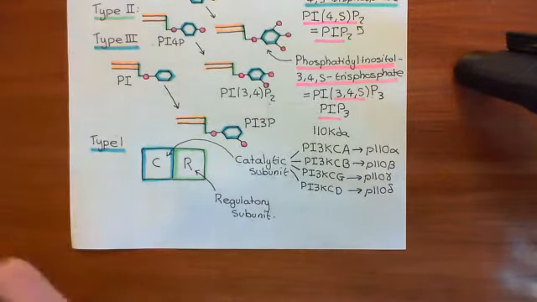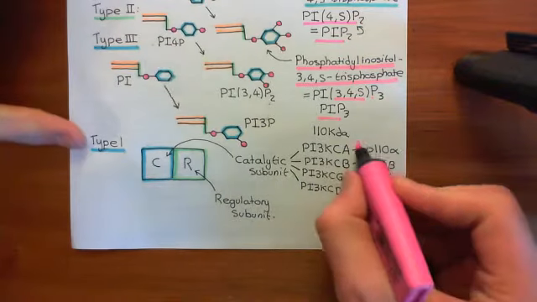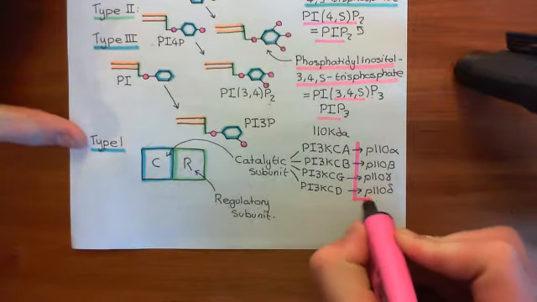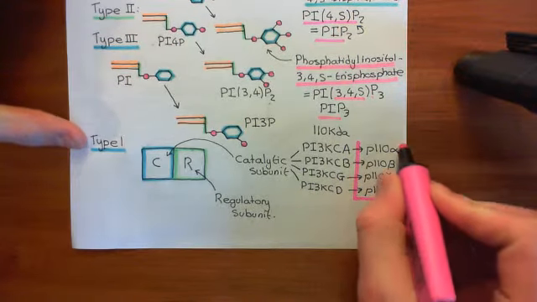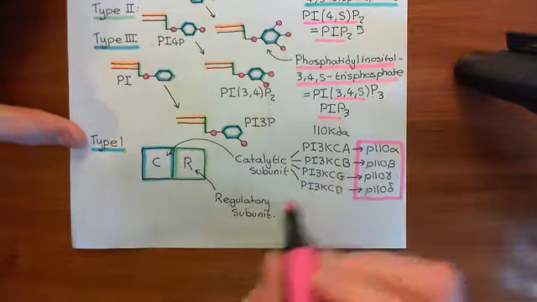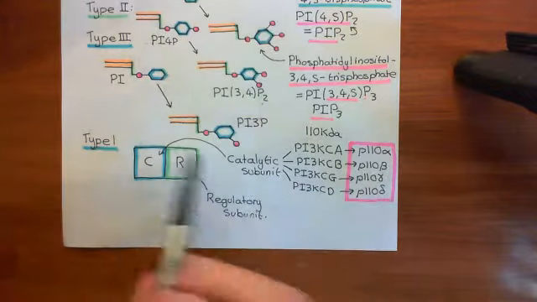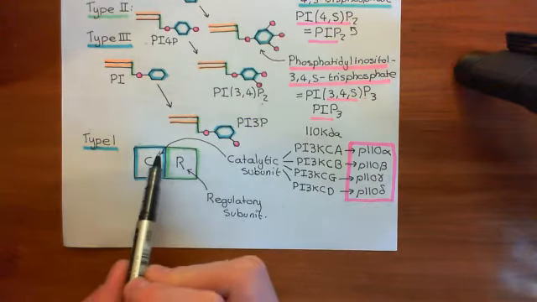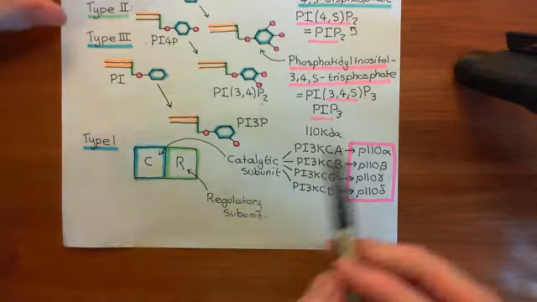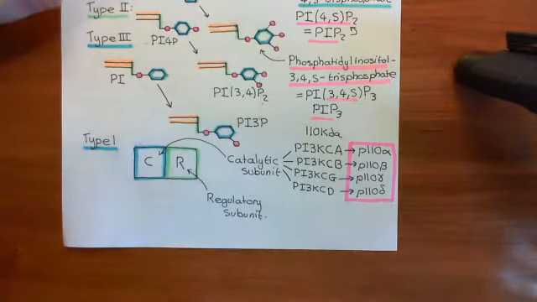So these are the 4 proteins which you can actually use as a catalytic subunit of a type 1 phosphoinositide 3-Kinase enzyme. All of these proteins can be put in here as the catalytic subunit. Four proteins rather than just 3.